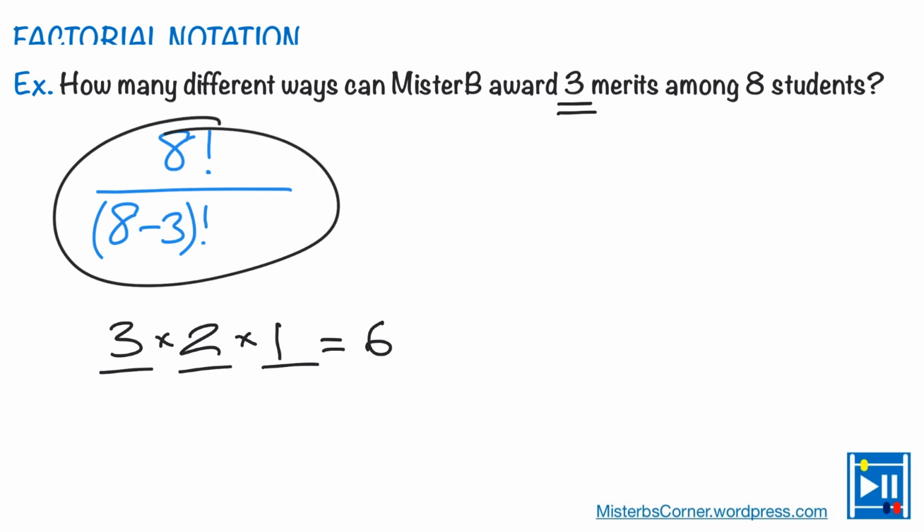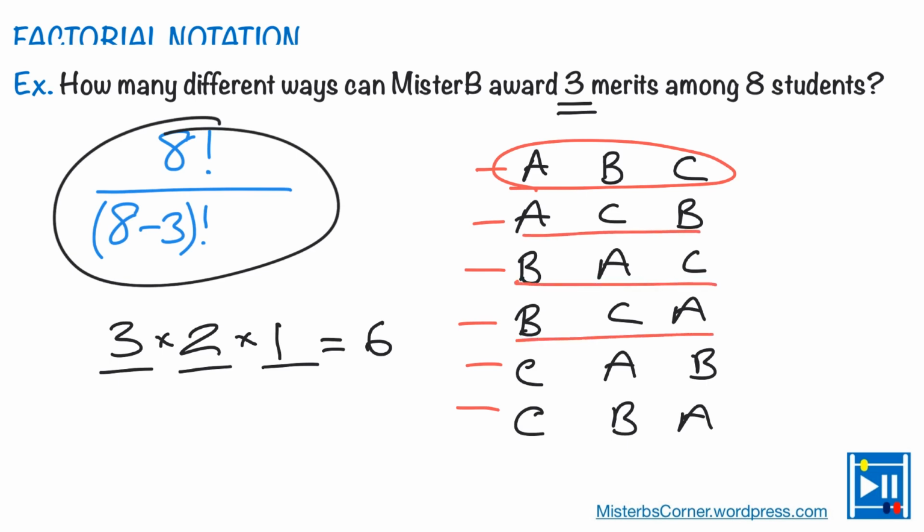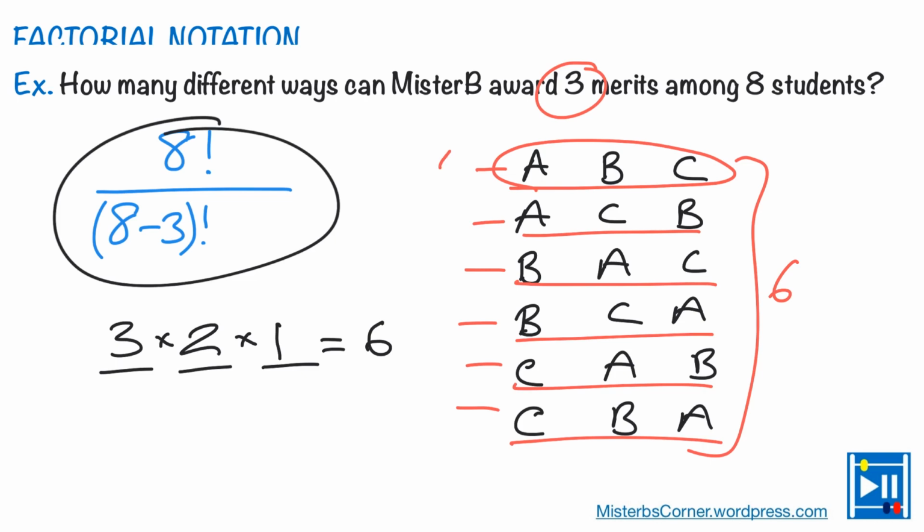Namely, the total of 6 different arrangements is now calculated as 1, because these now mean the same thing, because all of these people, regardless of order, will get the same merit after all, right? So I have to get rid of this calculation. There are 6 calculations here, it must be 1. So how am I going to do that?